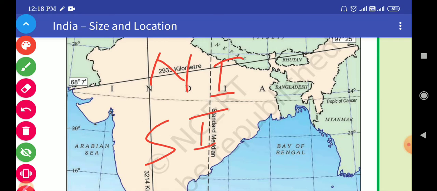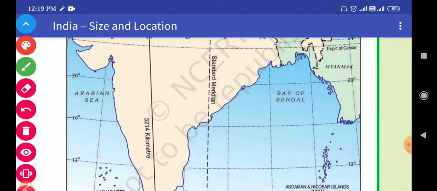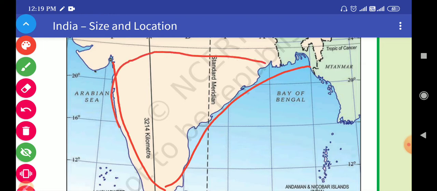After that, we can see the southern part of India. The southern part of India has a triangular shape. That is known as peninsula, and the meaning of peninsula is land which is surrounded by water from three sides.